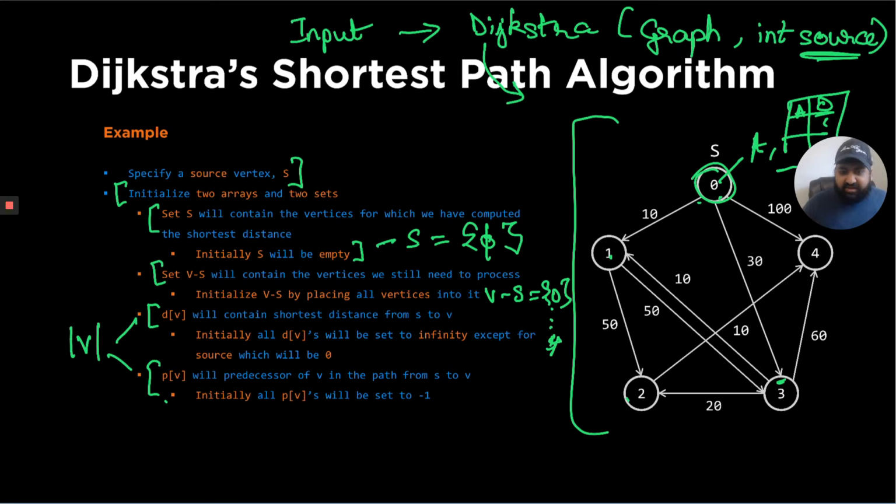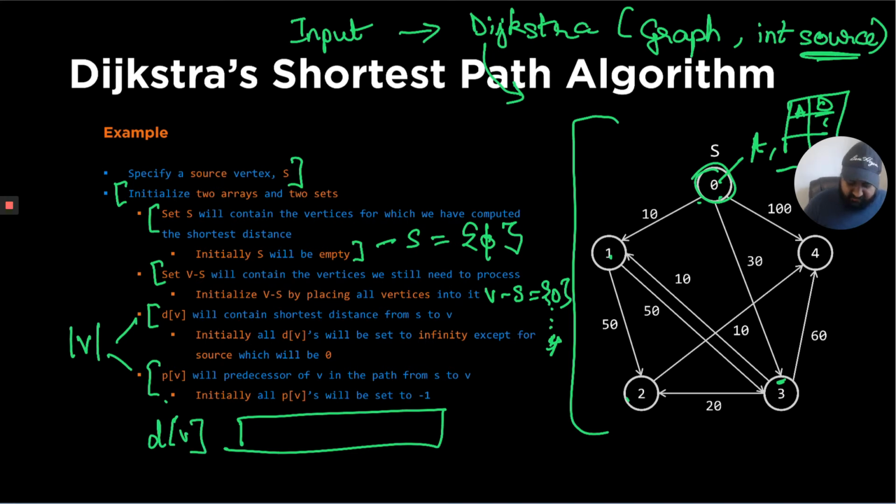So DV is an array that contains the shortest distance from the source vertex to the vertex v. Here we have DV whose size is going to be 5 because there are 5 vertices. At each location, the value determines the shortest path between the source vertex and that vertex.